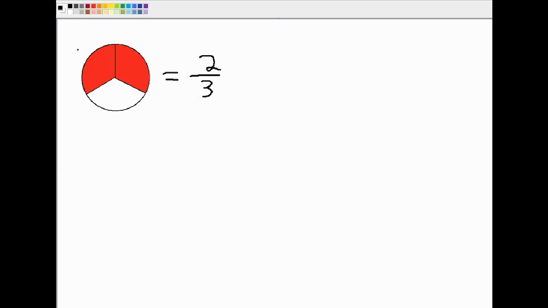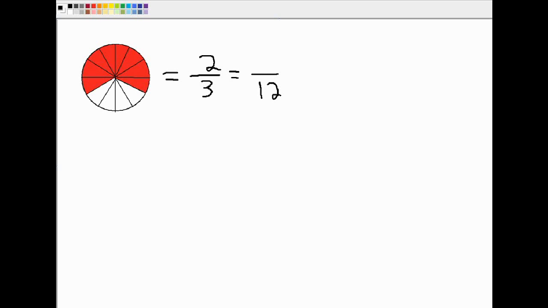But suppose I decided to cut the pizza like this. Well, now, again, let's assume those pieces are all the same size. I haven't drawn it very well, but they're supposed to all be the same size. If you count the total number of pieces that we have there now, we have 12.